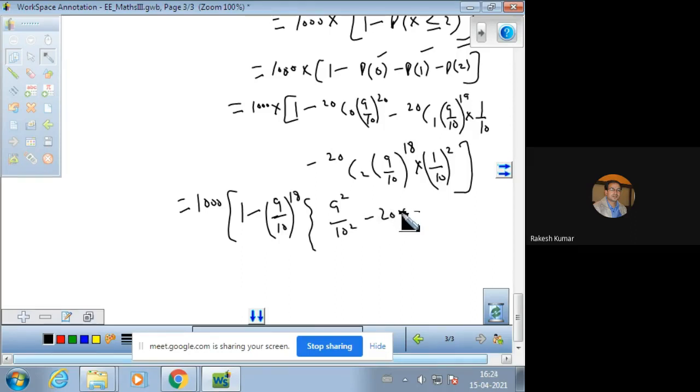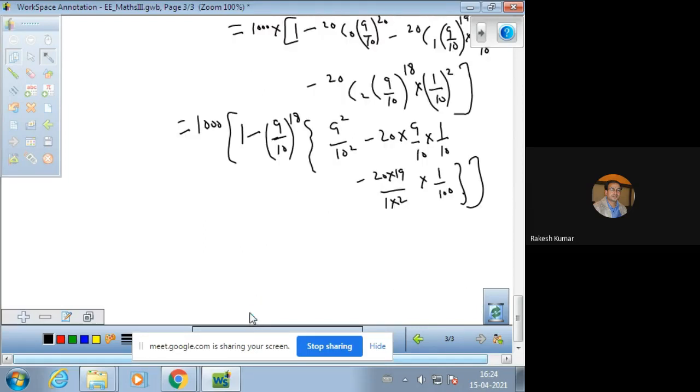Similarly, 20 into 9 over 10 into 1 over 10. And 20c2 mean 20 into 19 over 1 into 2 into 1 over 100. So this is the way by which we can calculate the probability. So this is out of 1000 we have to calculate.